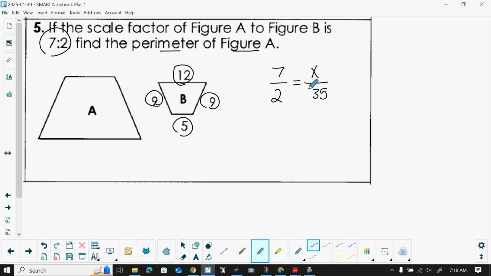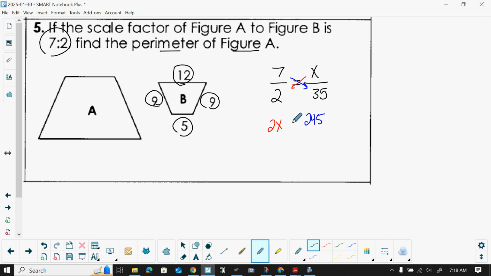So there we have it. To solve this, we're going to cross multiply like we've been doing. X times 2, 2x, 7 times 35 is 245.